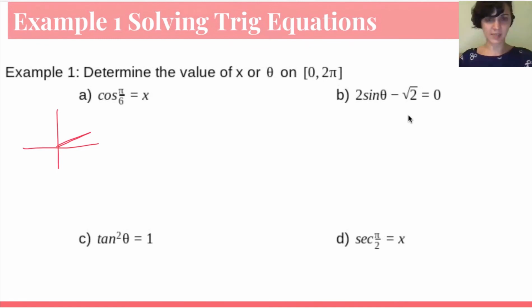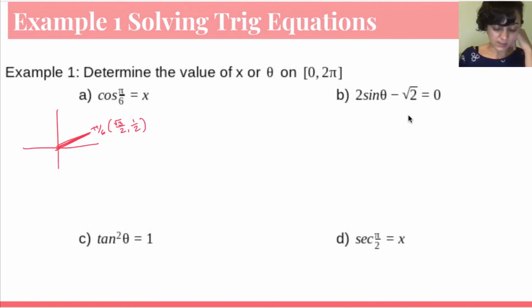If you want to do a sketch on paper while you're still memorizing, that's great. The goal is to have this image in your head. So cosine of pi over 6 is this low angle right here, and I know that the coordinates will be square root of 3 over 2 and 1/2.